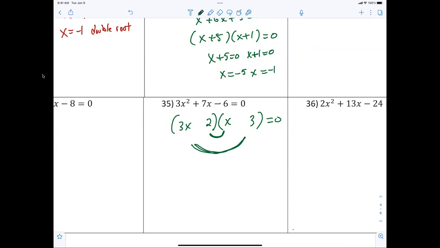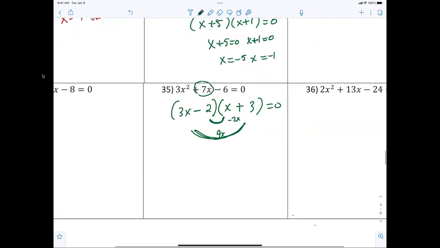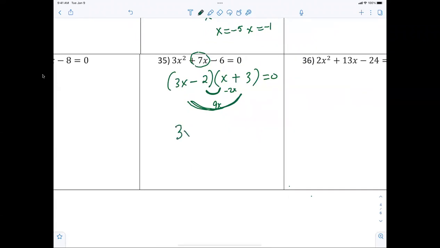You want the 2 to be negative and the 3 to be positive, because that gives us 9x and -2x, which gives us the positive 7x. All right, now set them equal to 0. So we have 3x minus 2 equals 0, x plus 3 equals 0. x equals 2 over 3. x equals -3. Anybody have any issues with that?